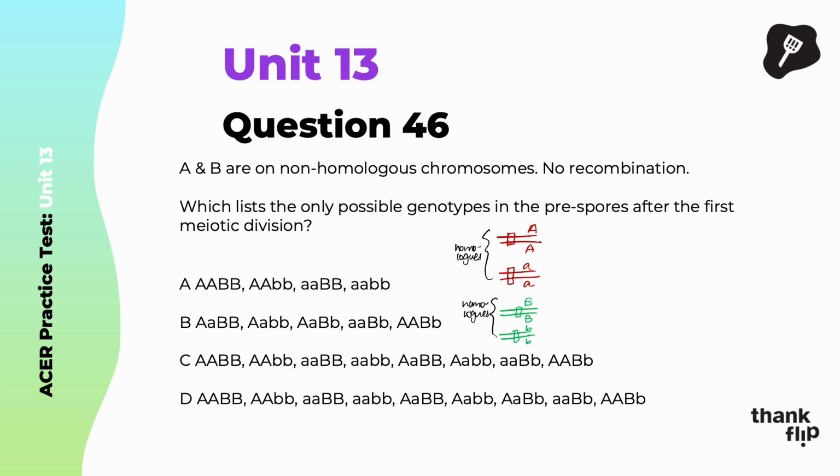And we're also told that we are not to consider any recombination for questions 44 to 46, so we will not be considering recombination here. And so given that we're not considering recombination, we can eliminate some of these options as well, because what happens during the first meiotic division is that these are essentially randomly organized into different cells.